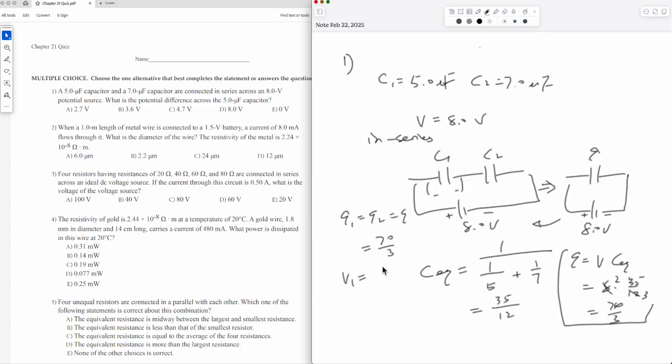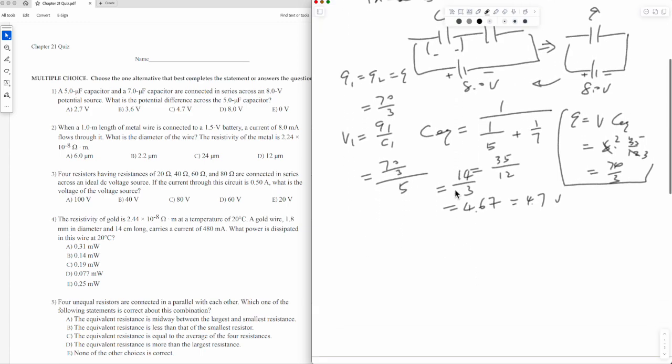Voltage V1 equal to Q1 over C1 equal to 70 over 3. What's the C1? The 5, right? So this will be what? 4.67. Okay, all right, so it's a 4.7 volts. All right, so that is the first one.